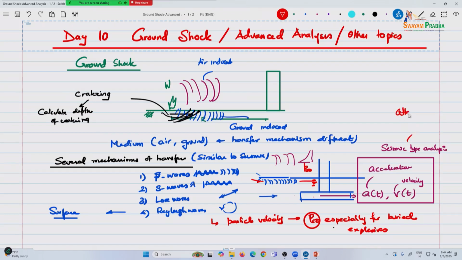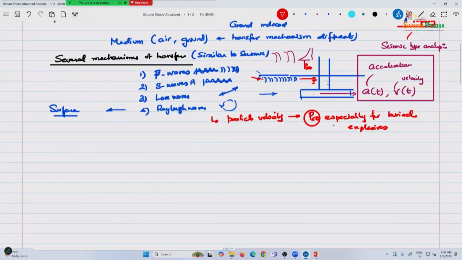Attenuate means they decrease. So if the distance is too large, then those effects are not felt. But if the distance is close, you can calculate some accelerations and decide, based on how many g they are, whether to include those effects as well.